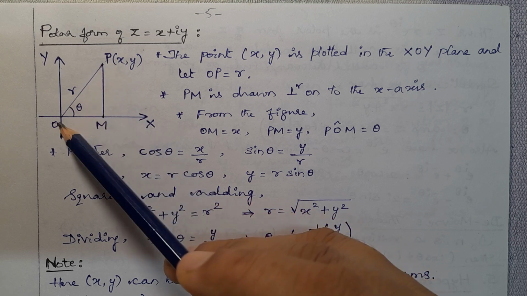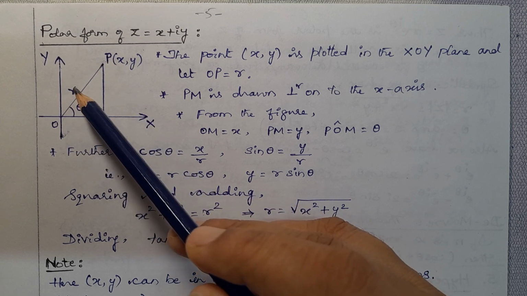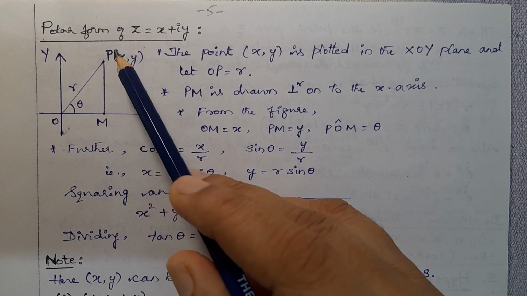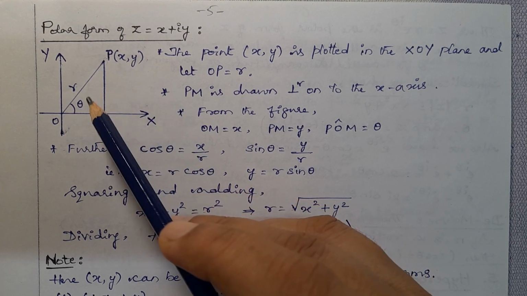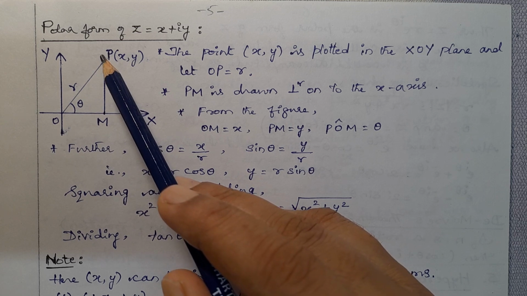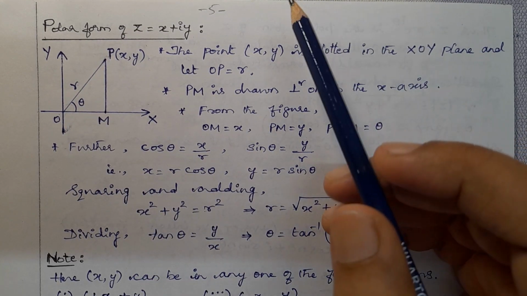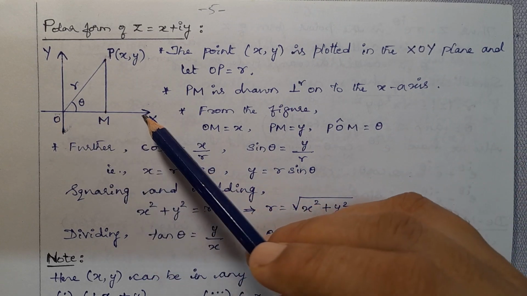OP, line OP, so that is radius R. Point P of x comma y. So angle of POM is theta. PM is perpendicular to the x-axis.